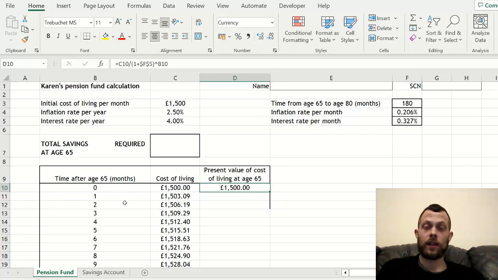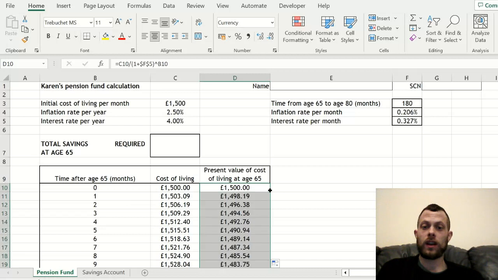So for the very first payment, that won't change. But then if we fill this down, we'll see that the present value calculation is reducing the value of the cost of living. So for example, at 2 months after age 65, it goes down from 1506.19 to 1496.38.